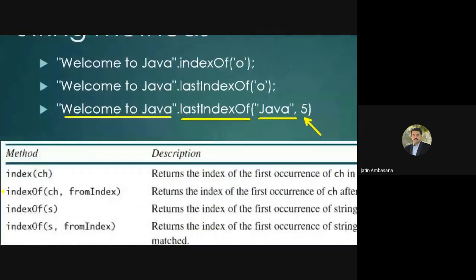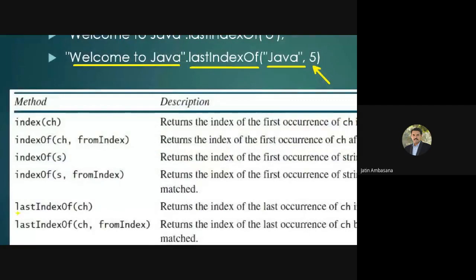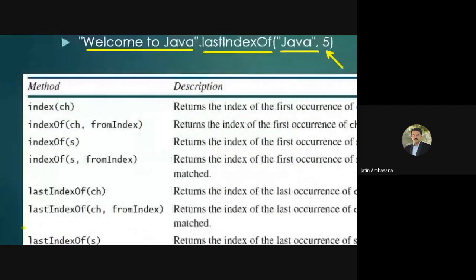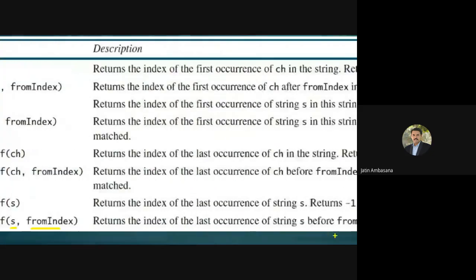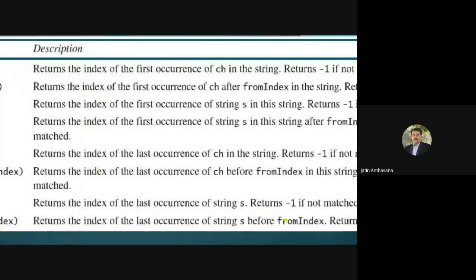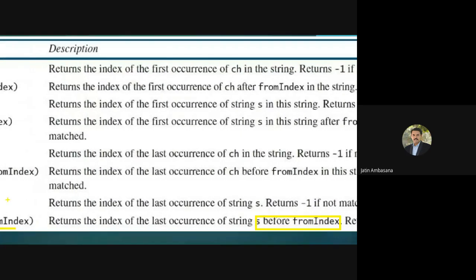What does that do? lastIndexOf s and fromIndex basically returns the index of the last occurrence of the string before fromIndex.